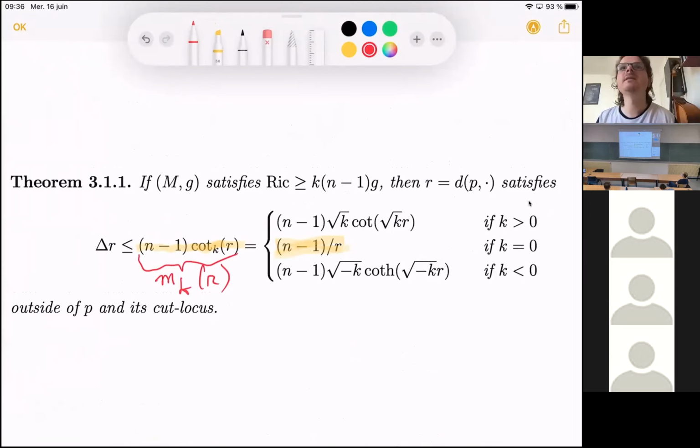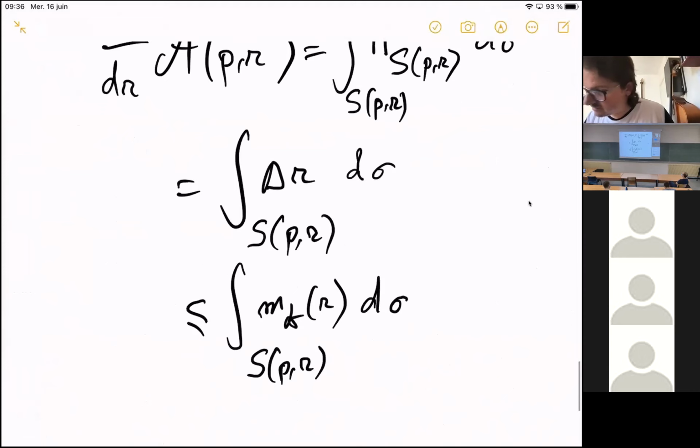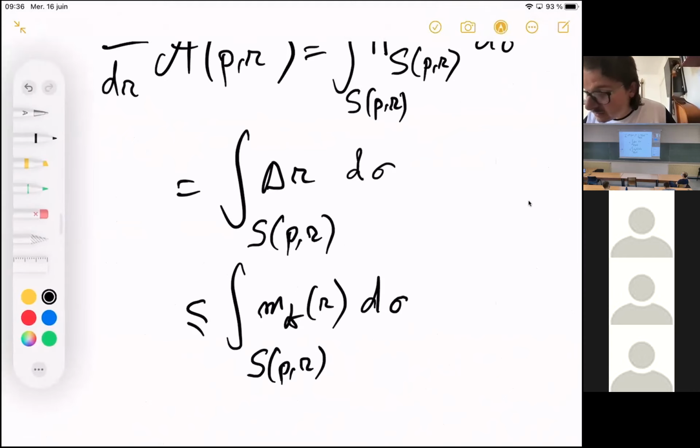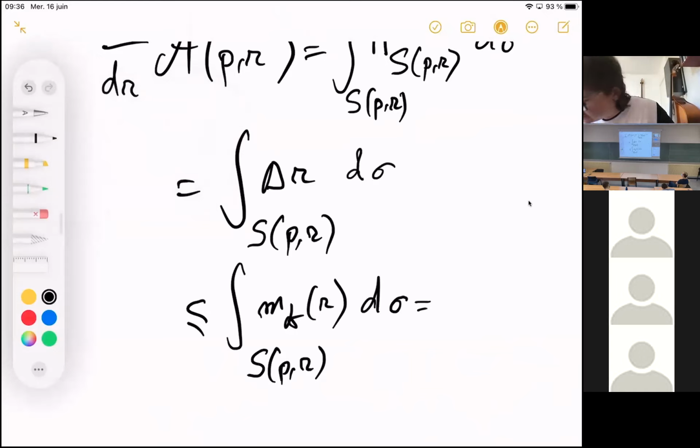Now m_k(r) doesn't depend on the point of the sphere, so this here is equal to m_k(r) times the area of the sphere.